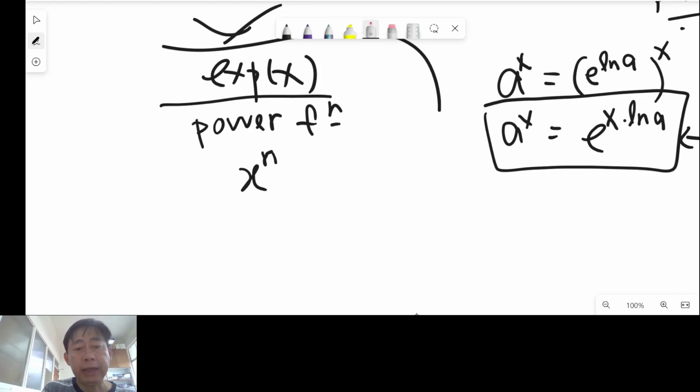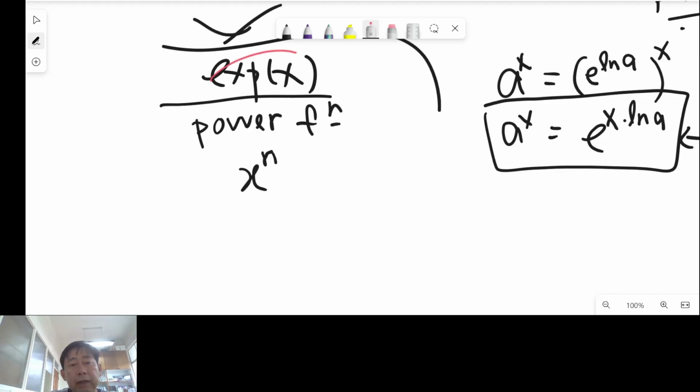However, in this case, the power, that is the power n in the power function, is only limited to rational numbers. If this power n is not a rational number but an irrational number, then you really can't define how to calculate it.